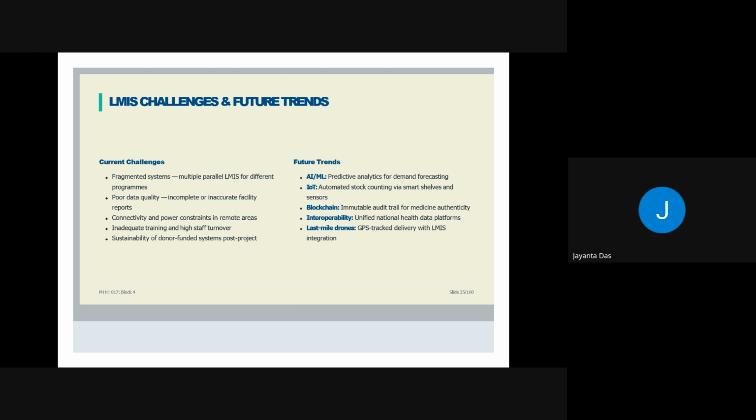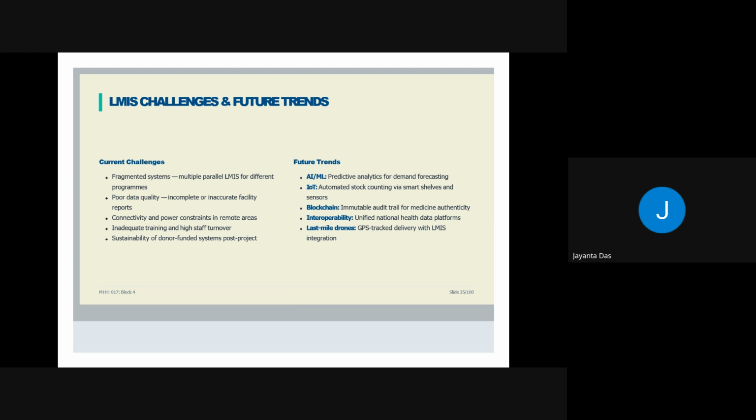But to improve upon this, our future trends are AI and ML, that is machine learning, for predictive analytics and demand forecasting; IoT, that is automated stock counting via smart shelves and sensors; blockchain for interoperability; and last-mile drones.